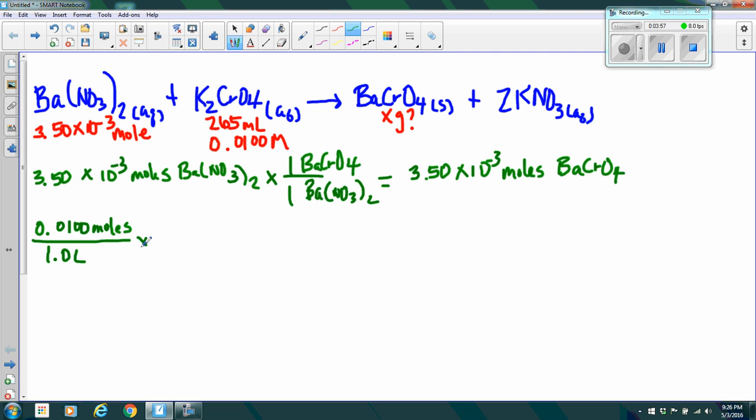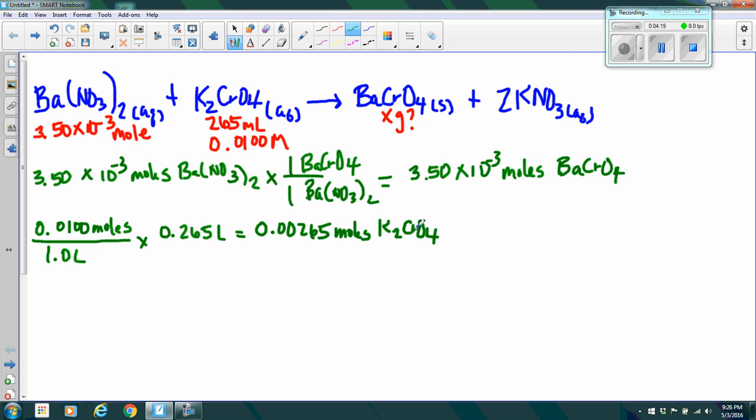And so I'm going to multiply by 265 milliliters, but I'm going to put it into liters, and multiply that out, and I get 0.00265, and this is moles of potassium chromate.